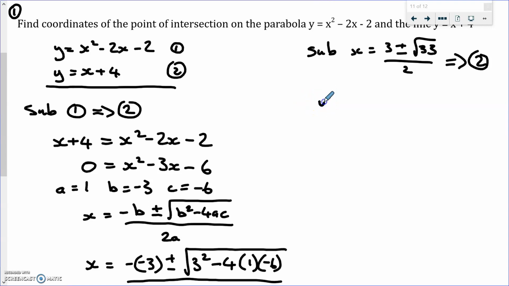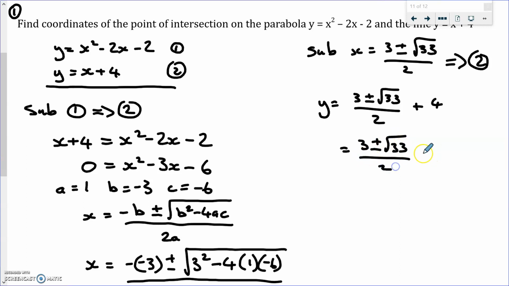So y equals 3 plus or minus square root of 33 over 2 plus 4. Let's put it all on the common denominator, plus 8 over 2. 3 plus 8 is 11, plus or minus root 33 on 2.